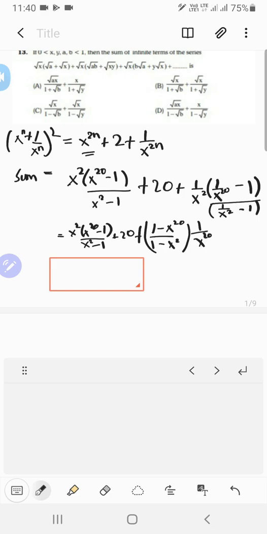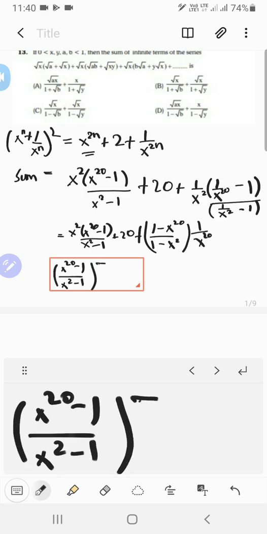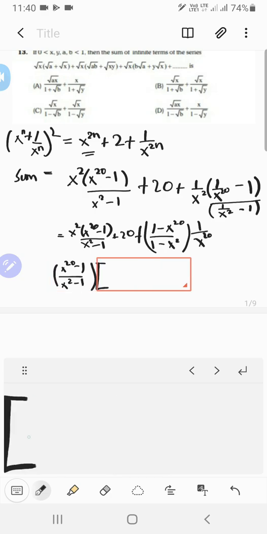Okay, so then we can factor out an (x^20 minus 1) over (x squared minus 1) from the first and the last term. So you get (x^20 minus 1) over (x squared minus 1), and in brackets you get x squared and 1 over x^20.